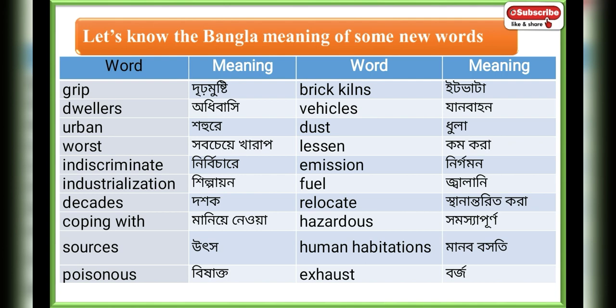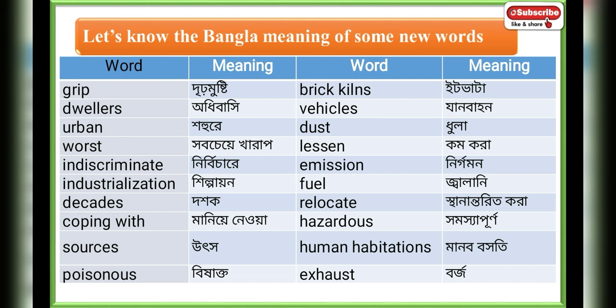Grip, that means দৃঢ় মুষ্টি. Dwellers, অধিবাসী বা যারা বসবাস করে. Urban, শহুরে. Worst, সবচেয়ে খারাপ, it is the superlative form of bad. Indiscriminate, মানে নির্বিচারে, that means ইচ্ছামতো, or in English we say at random. Industrialization, শিল্পায়ন বা শিল্প কারখানা স্থাপন করা.